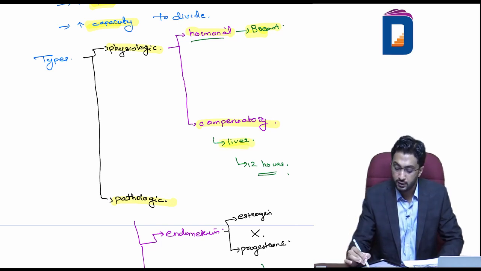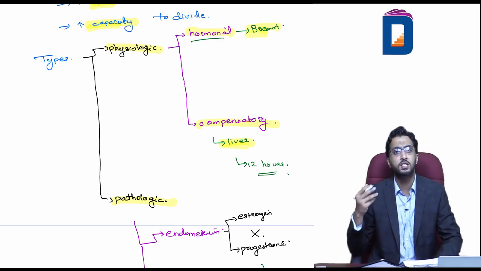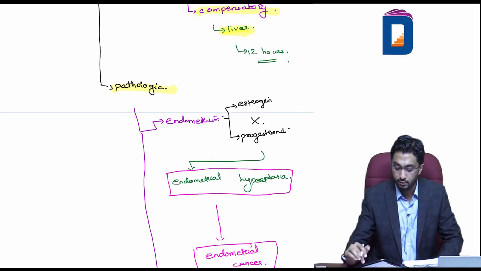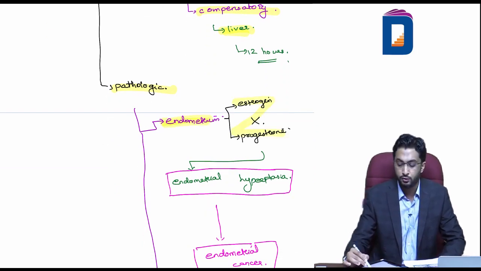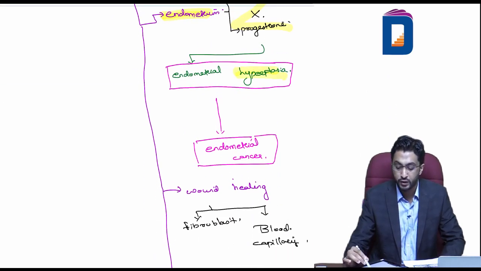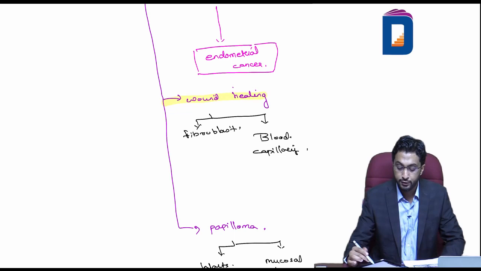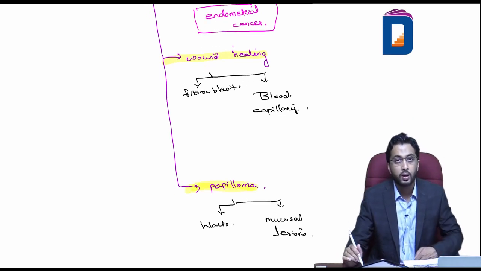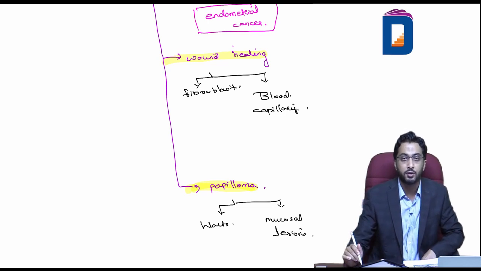When it comes to compensatory, certain organs which have regenerative capacity regenerate, and a very typical example is the liver. Pathologic, you have three examples. One is endometrium. When there is imbalance between estrogen and progesterone, endometrium undergoes what is known as endometrial hyperplasia. The second example is wound healing, and finally the third example is papilloma. Remember that papilloma is a hyperplastic mechanism.